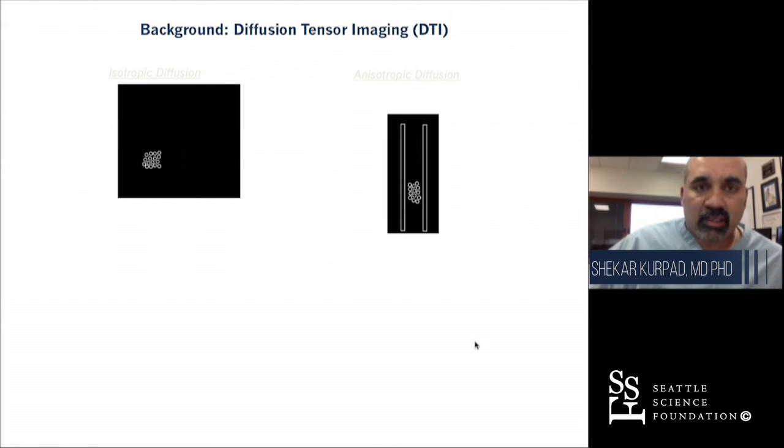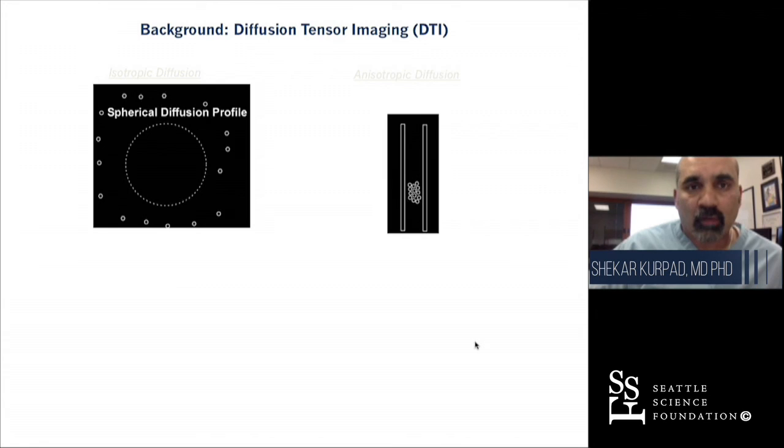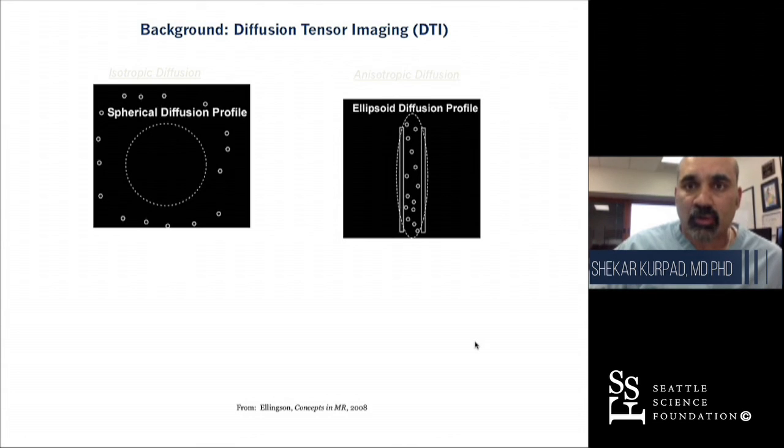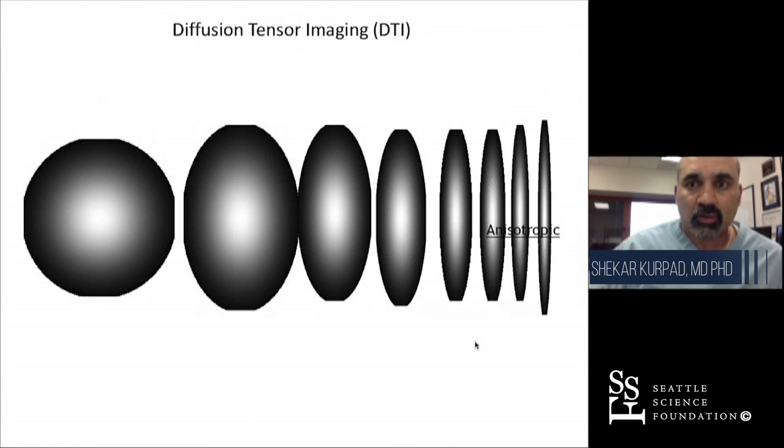DTI technology is essentially based on basic physics. It's based on the measurement of diffusion of water molecules in a slice of tissue in various directions. So if you have no constraints on the left, water molecules would have a spherical diffusion profile. But if you have membranal constraints like an axon, you would have an ellipsoid diffusion profile, yielding DTI indices in the range of 0 to 1, as shown over here.